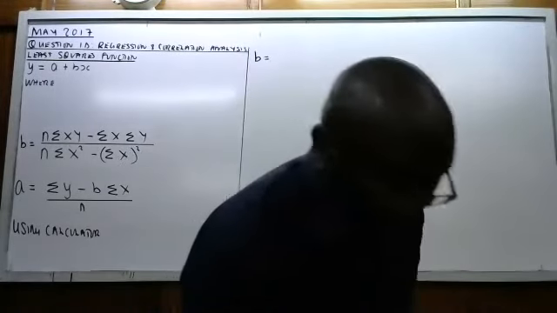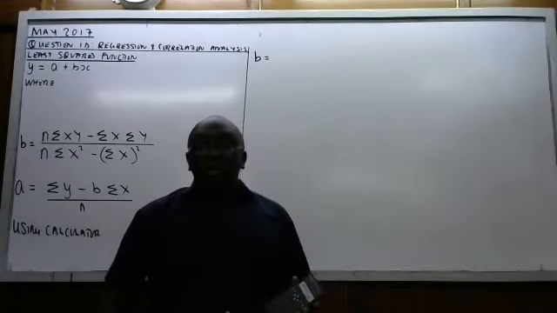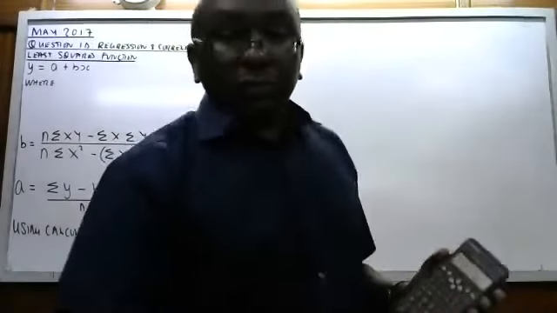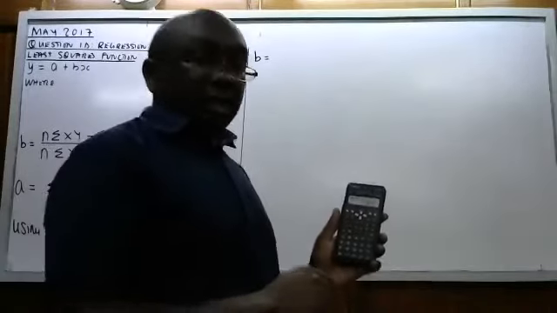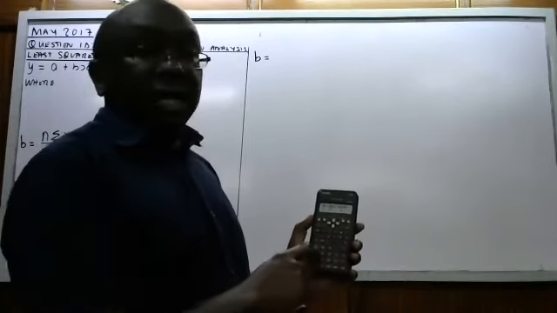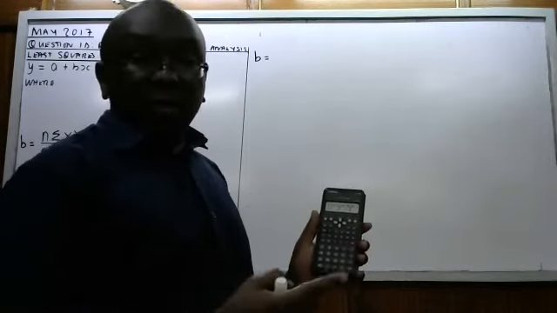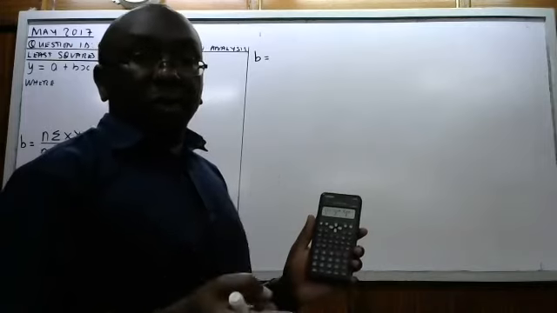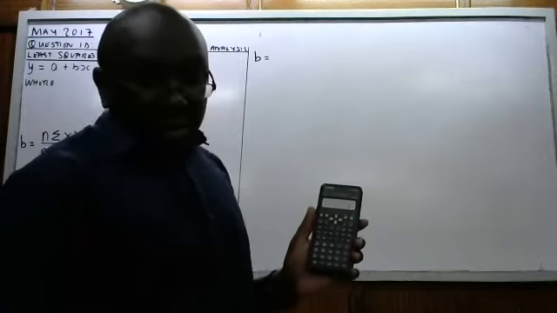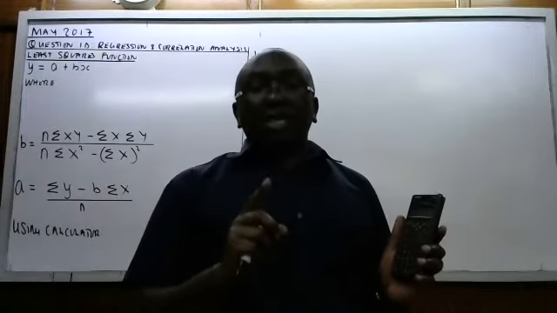So in case you have forgotten, what you do, you press mode until you see regression. You press the number below the regression, depending on your calculator. Some calculators go for number 2, others number 1. Then you press linear, which is number 1. Then we start entering the values, and we are going to enter the values in the same form.